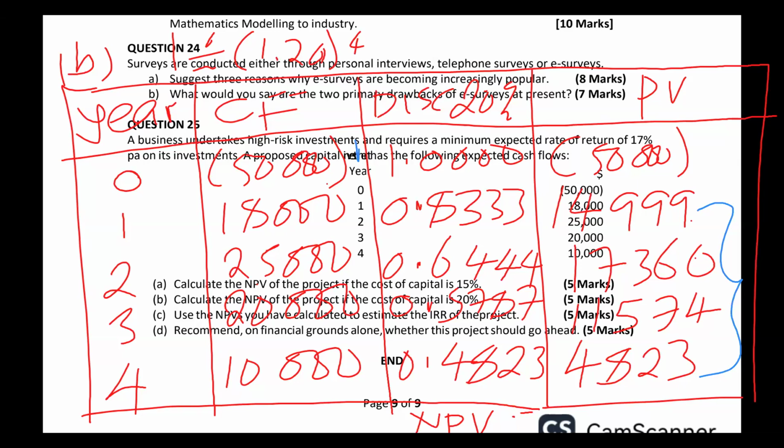What do you find? I found negative 1,244. Everybody finding the same?